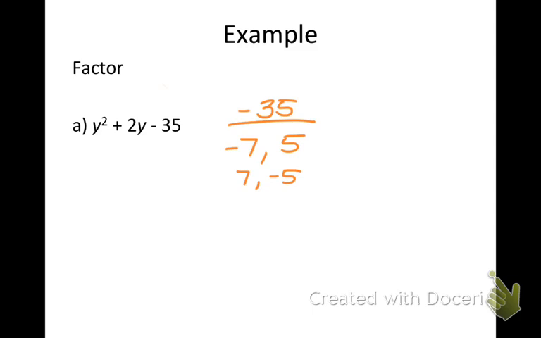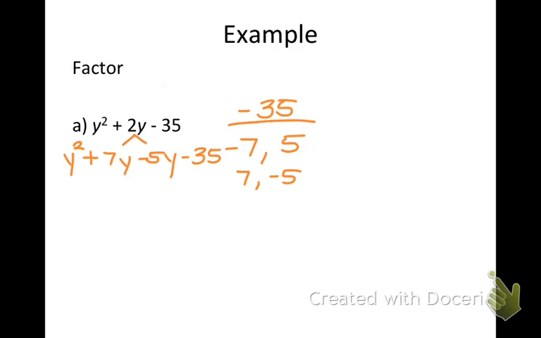Isn't it true that I can convert my 2y into 7y minus 5y if I work backwards? Isn't 7y minus 5y equal to 2y? So I'm not changing the problem, just changing the way it looks by expanding 2y into 7y minus 5y. If I bring down my y squared and my minus 35, now notice I have 4 terms.